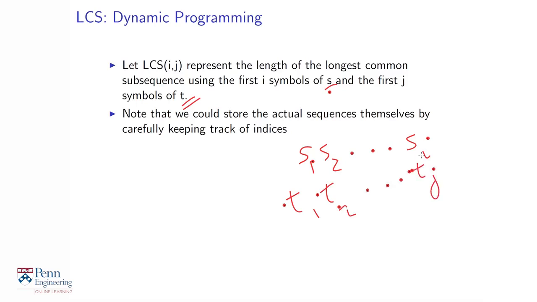So we're going to look at the length of the longest common subsequence between these two and call it LCS(i,j). We're just going to store the lengths, but we could, if we want to, keep track of the actual sequences by keeping some additional bookkeeping information. Actual common subsequence.